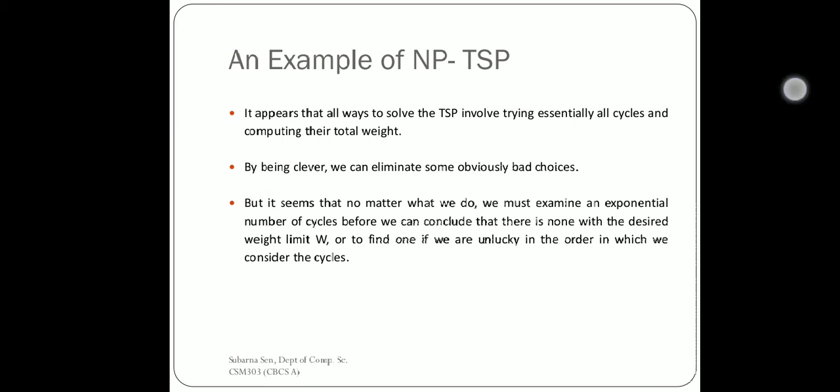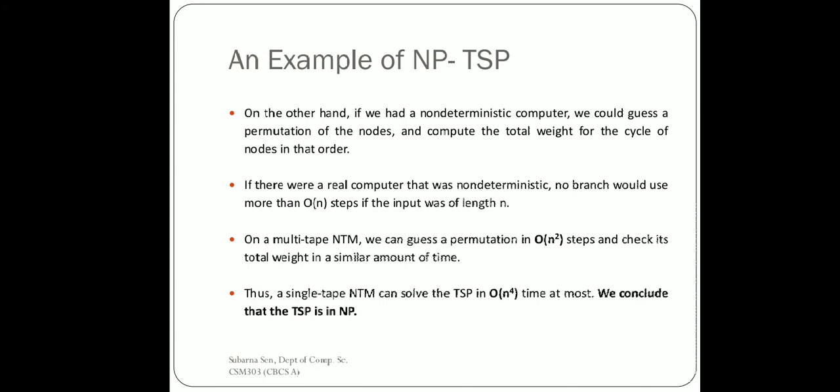Now if we have to implement this using a non-deterministic computer, or rather a non-deterministic Turing machine, we could guess a permutation of the nodes and compute the total weight for the cycle of nodes in that order.